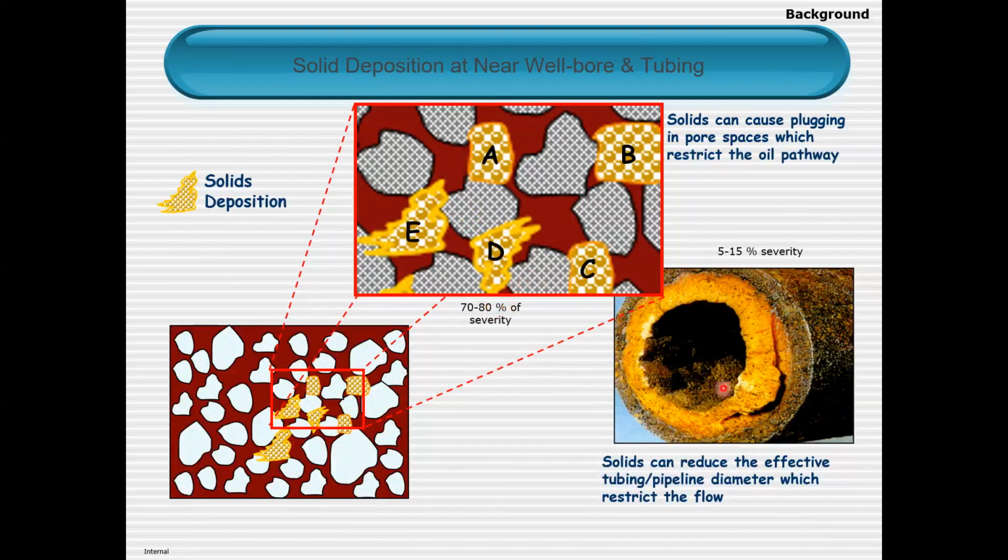Then when it goes to the tubing, the wax and asphaltene can block the pipeline. In fact, you are seeing like half of the pipeline blocked with this solid, wax or asphaltene, which means if your flowing capacity is 1,000, you are now limited to only about 50%, about 500. So this is very important to take into account in production.